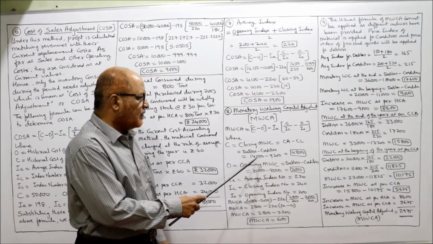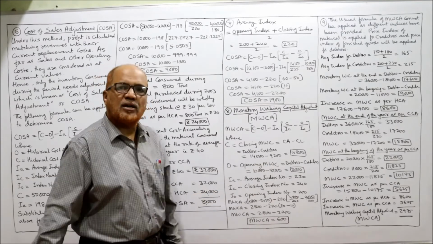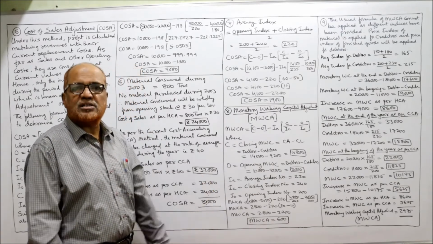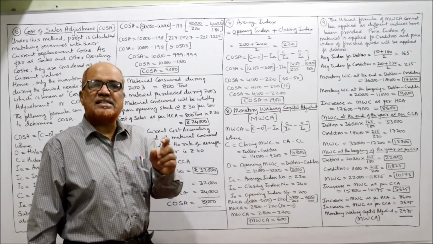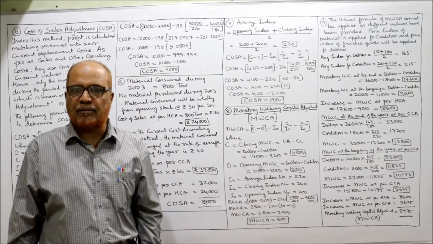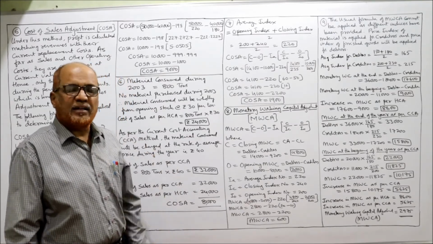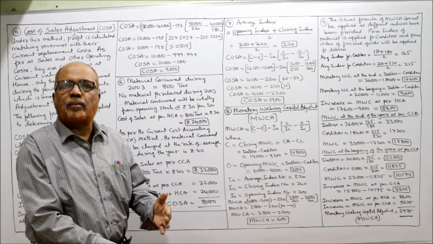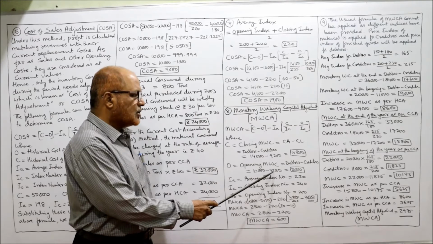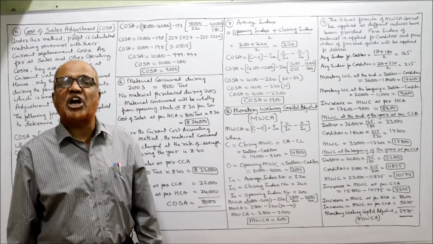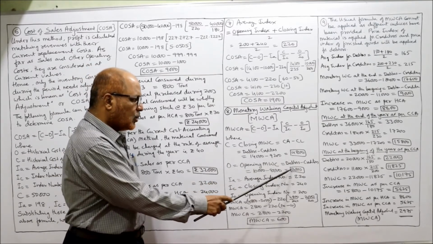Closing debtors are 14,000 and closing creditors are 9,200. So 14,000 minus 9,200, 4,800. This is the C, closing working capital. O stands for opening working capital, opening debtors minus creditors. Opening debtors are 10,000 and opening creditors are 8,000. So 2,000 rupees is the opening working capital. So we got C value 4,800, O value 2,000.